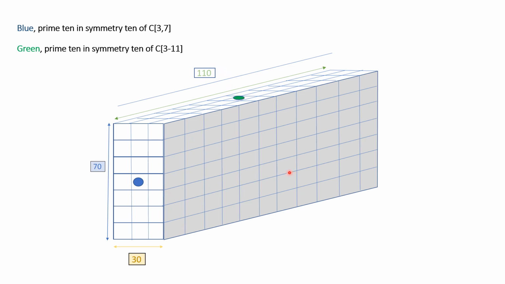Now comes the prime 10 in the middle of the cycle of 11 and 3. That's just in the middle.